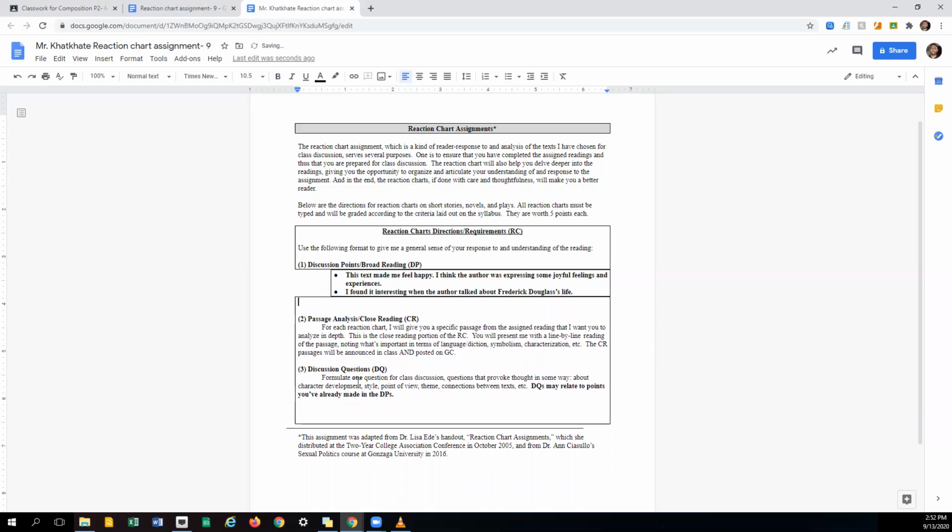In section 3, discussion questions, formulate one question for class discussion, questions that provoke thought in some way. Now this, you would probably write a question that relates to what you wrote up here. It even says in bold, DQs may relate to points you've already made in the DPs. So something that pushes the thought a little further.